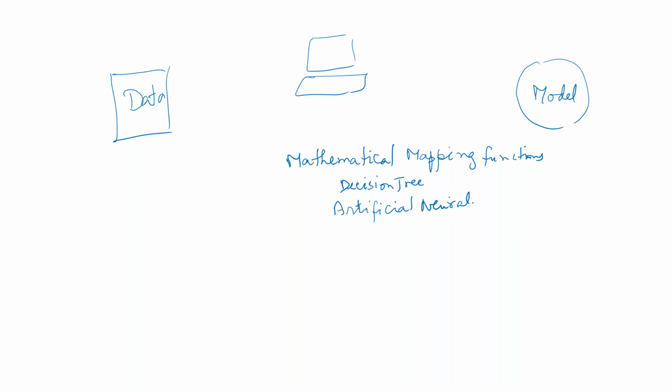So any of these models we will use to help the computer understand the mapping function that the input features and target variable seem to have. Mathematically, if we want to express it, we always use y hat, the predicted target variable, equal to a function of x.